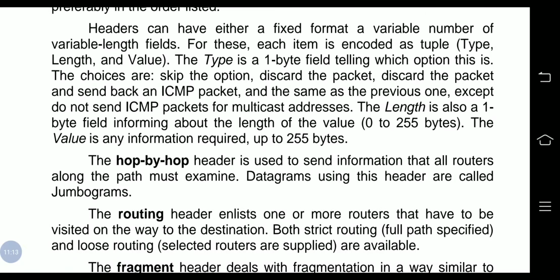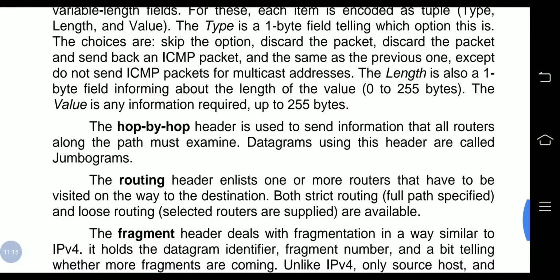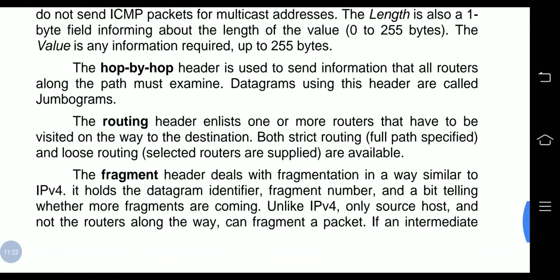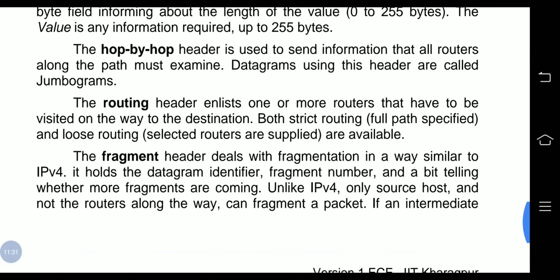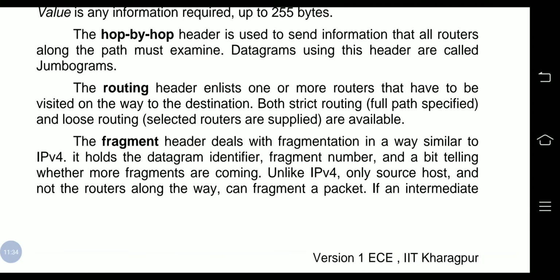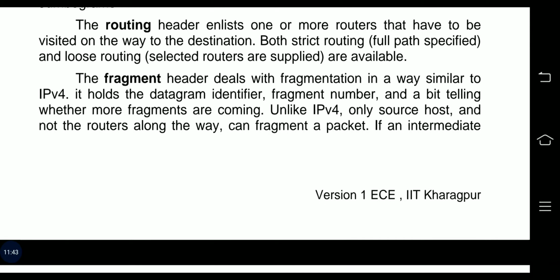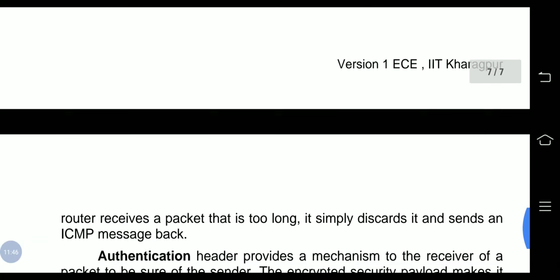The hop by hop header is used to send information that all routers along the path must examine. Then the routing header lists one or more routers that have to be visited on the way to the destination. The fragment header deals with fragmentation in a way similar to IPv4.